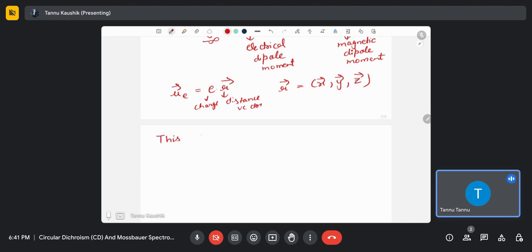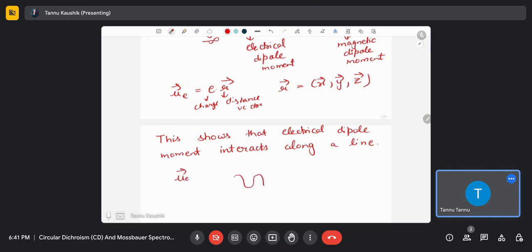So this shows that electrical dipole moment interacts along a line, so that it is associated with the wave along, let's say this is the x coordinate axis, and we have incident light.